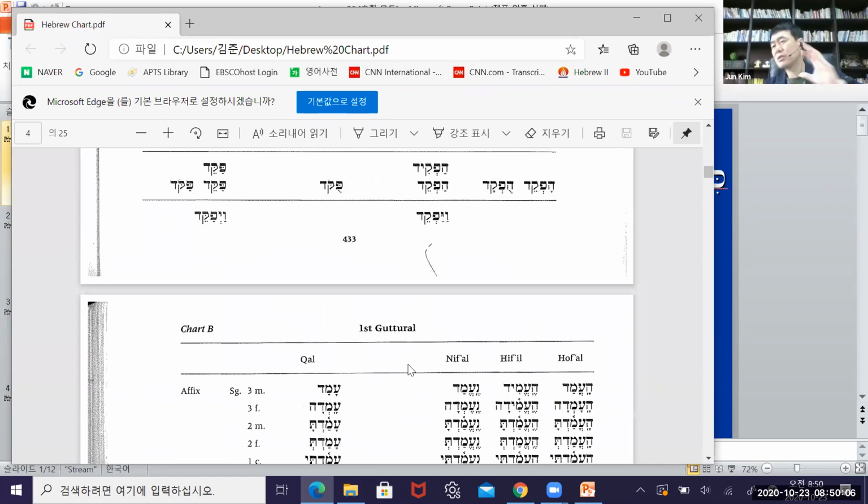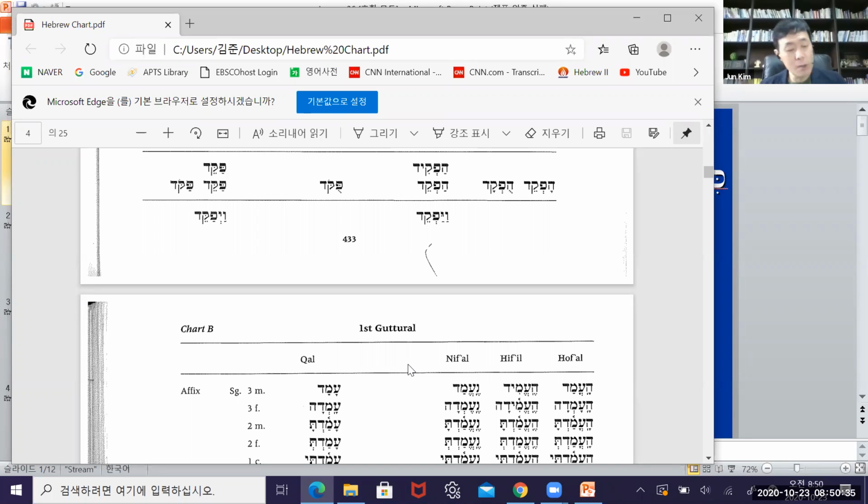So now you need to see two things here. We are dealing with the prefix form, of course. Everything is prefix. But if you compare the Kal stem with the PL stem, you will be able to recognize the most obvious difference between them. What is it? Dagesh in the middle.